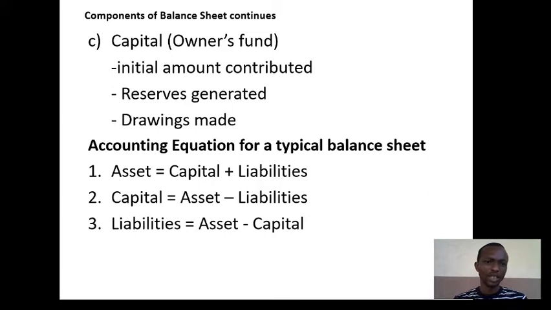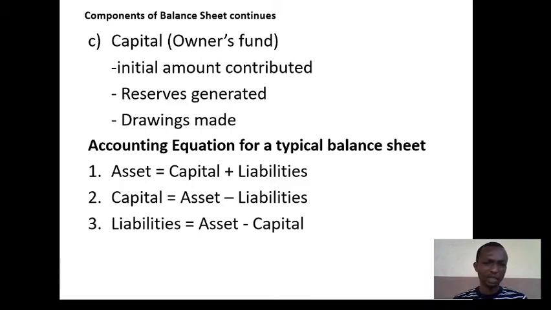Then on the left hand side, you have capital and liabilities. So capital plus liabilities should or must be equal to your assets. That is why in the accounting equation, we say asset equals capital plus liabilities.